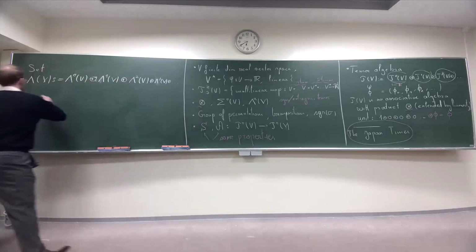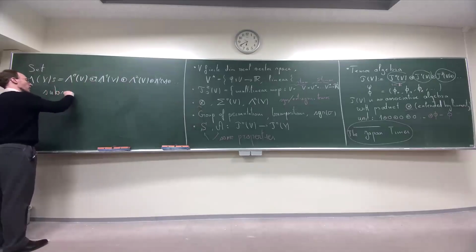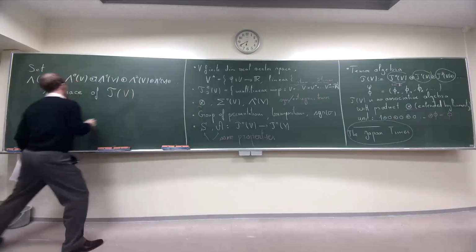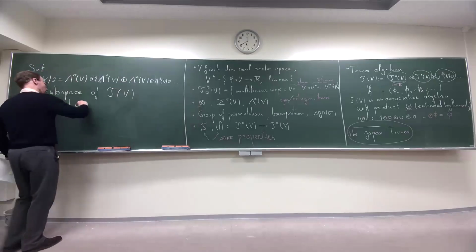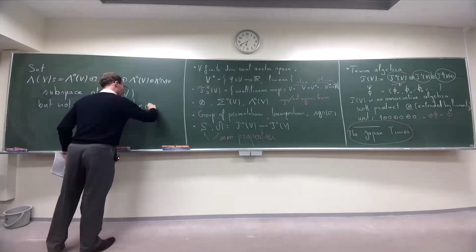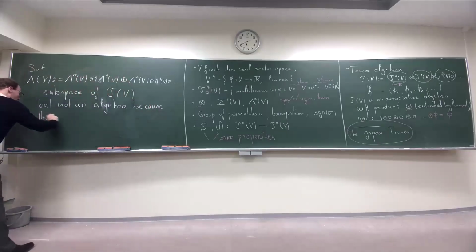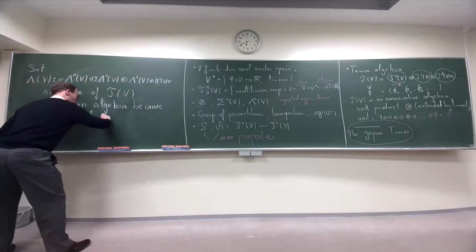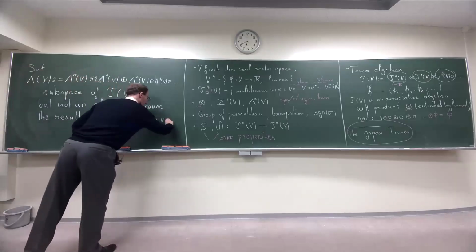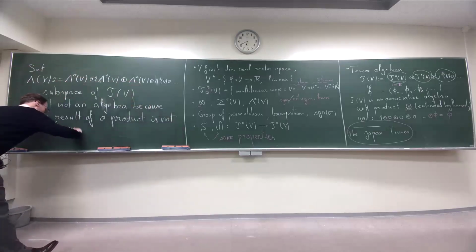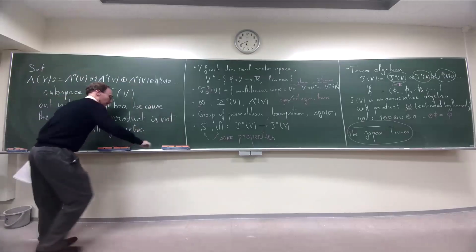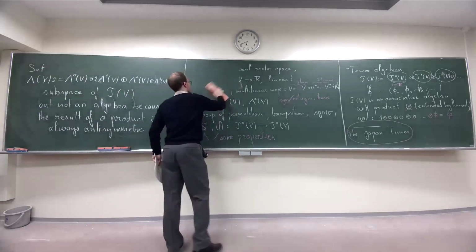So it's a subset or even a subspace, you can do addition, a subspace of the tensor algebra, but not an algebra, because if you multiply two antisymmetric tensors, the result of a product is not always antisymmetric. So it's not a good structure like this, but we have a way to correct this.